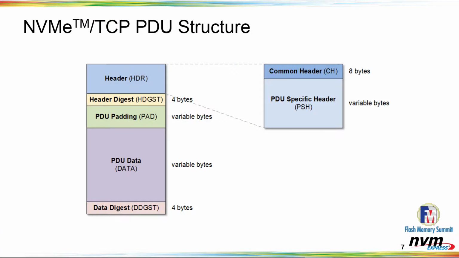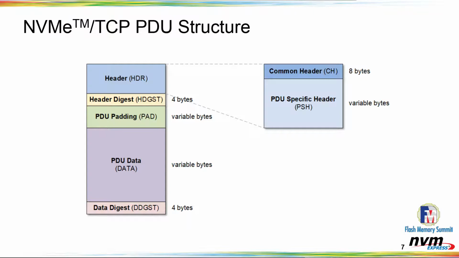So basically, the TCP transport binding simply defines the way that every NVMe payload is transferred across the wire. We call them NVMe/TCP PDUs, which stands for protocol data units. Either NVMe over Fabrics command capsules, response capsules, or data payloads usually look like this on the wire.